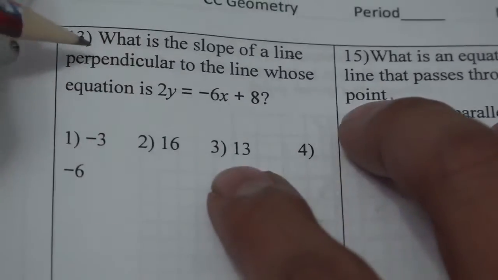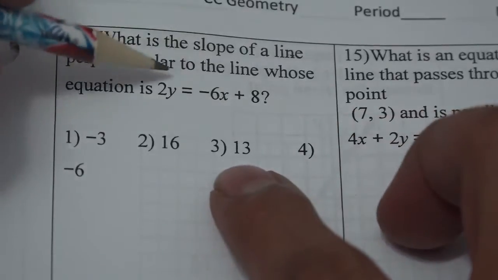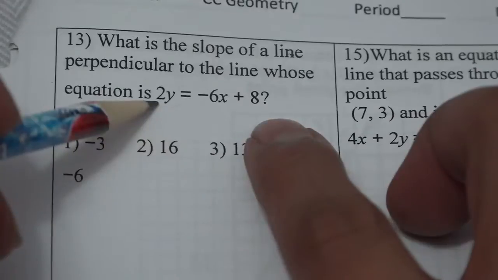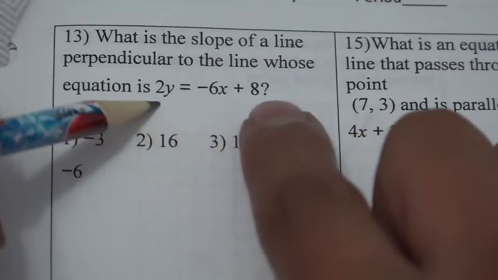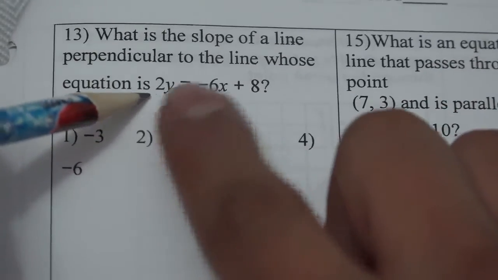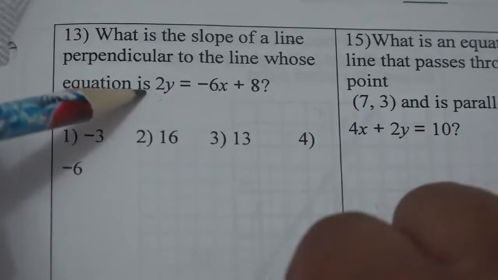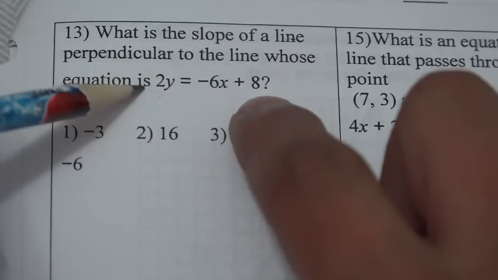What is the slope of a line perpendicular to the line whose equation is this? So I need perpendicular, so I need to identify the slope. Get rid of the loose number, it's already on the other side. Get rid of the x, it's already on the other side. Divide by the number on the y. So the slope will be negative 6 over 2, right?